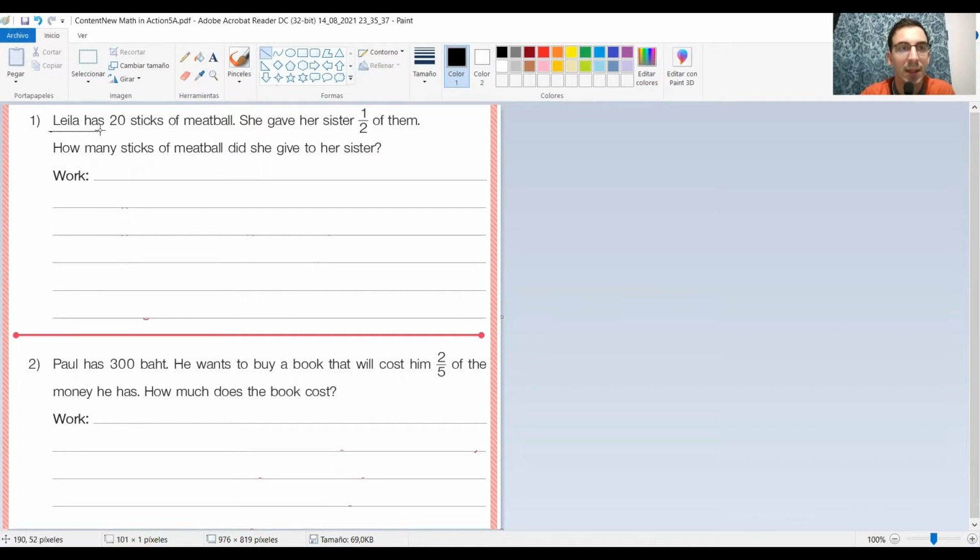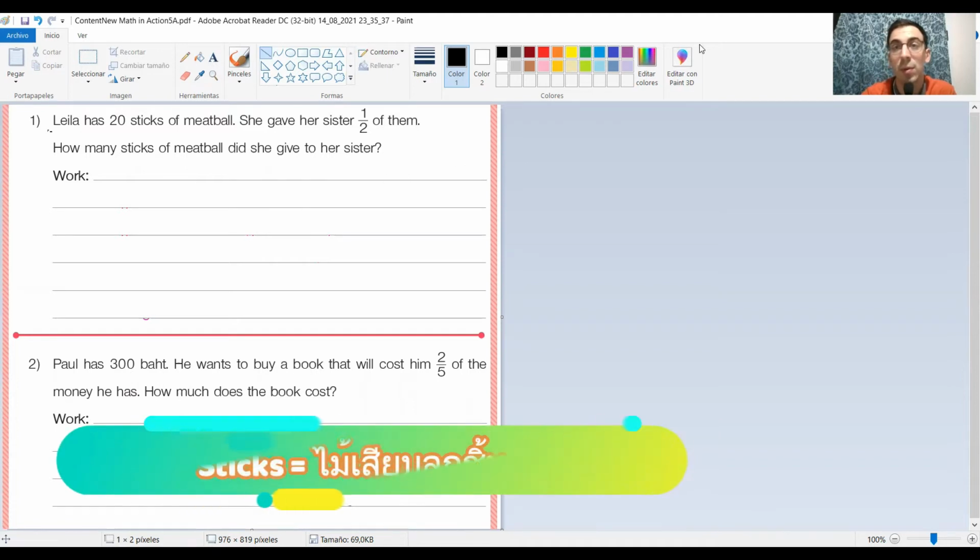Layla has 20 sticks of meatball. She gave her sister 1/2 of them. Okay, until here we have Layla, this is a name, who has 20 sticks of meatball. Sticks of meatball.